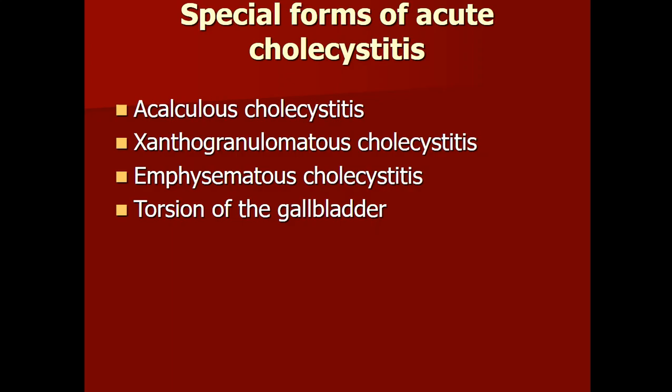Now we move on to special forms of acute cholecystitis. That would be acalculous cholecystitis, acute cholecystitis without cholecystolithiasis, which happens in up to 15% of cases. There's also xanthogranulomatous cholecystitis.